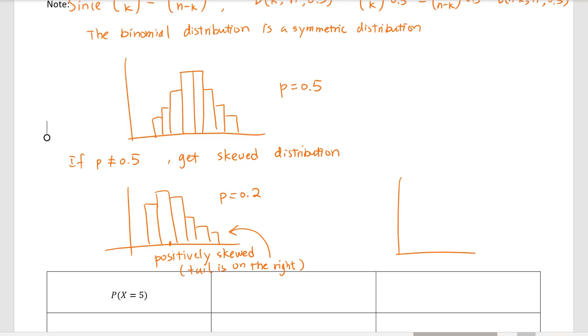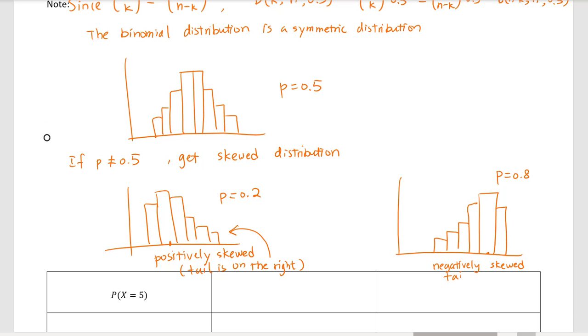Okay, and if p equals 0.8, so the probability of success is big, which means we're going to have more successes. We expect to see more successes. So that's why you can see we said this guy is negatively skewed.